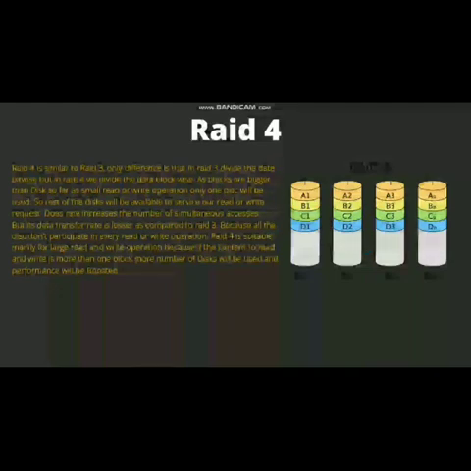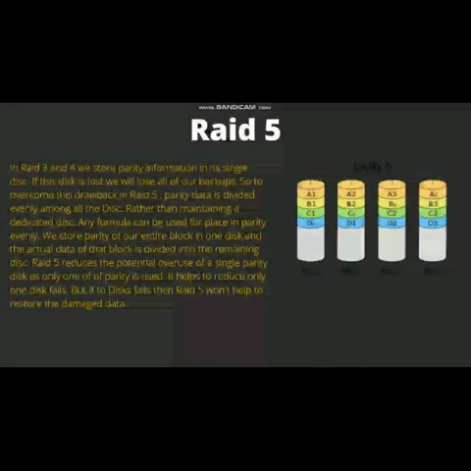Because all the disks don't participate in every read and write operation, RAID 4 is suitable mainly for large read and write operations. If the content to be read or written is more than one block, then multiple disks will be used and the performance will be boosted.